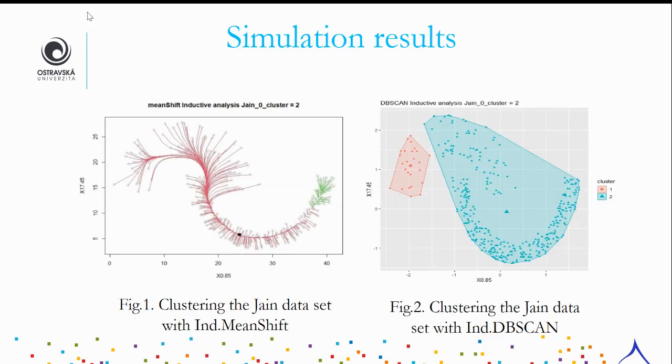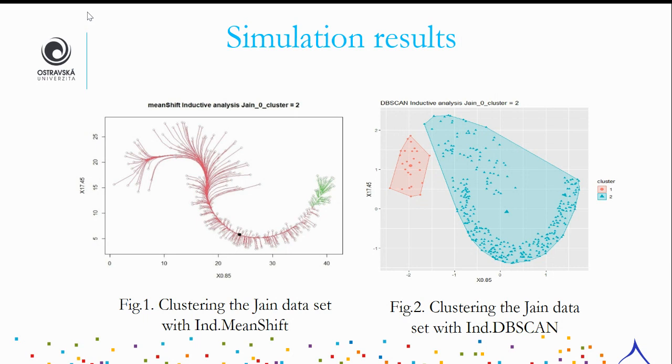So here on the left hand side you can see the results of the inductive mean shift, and on the right hand side you can see the inductive DBSCAN. As you can see, both algorithms have detected two clusters in the data set, but DBSCAN has performed this in a slightly better way this time. So you can see two distinct groups of points located in a separate way.